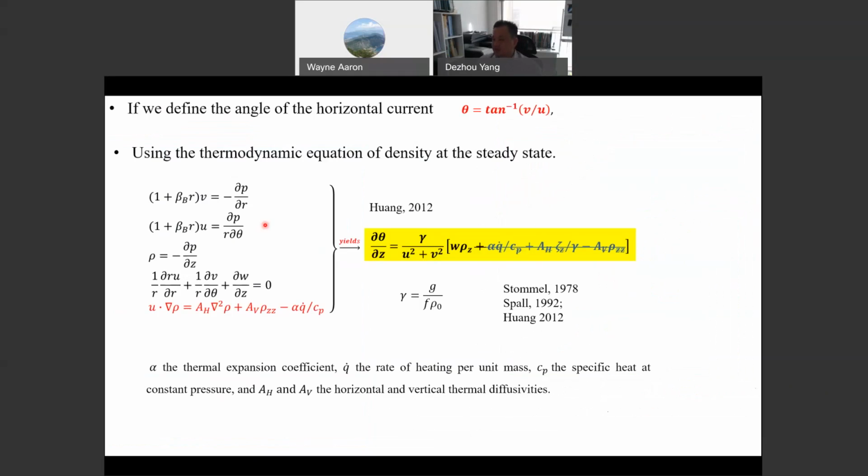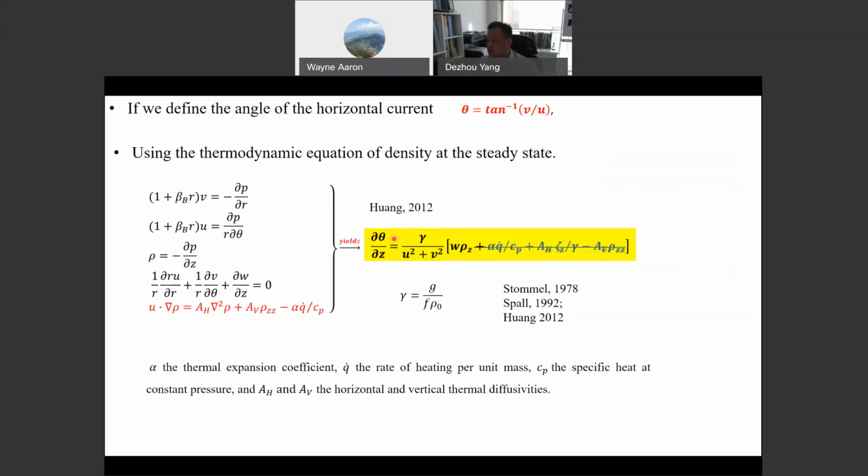On the other hand, if we define the angle of the horizontal current as theta equals arctangent of meridional velocity divided by zonal velocity, using the thermodynamic and momentum equations, we can get an equation for the angle of the horizontal current.